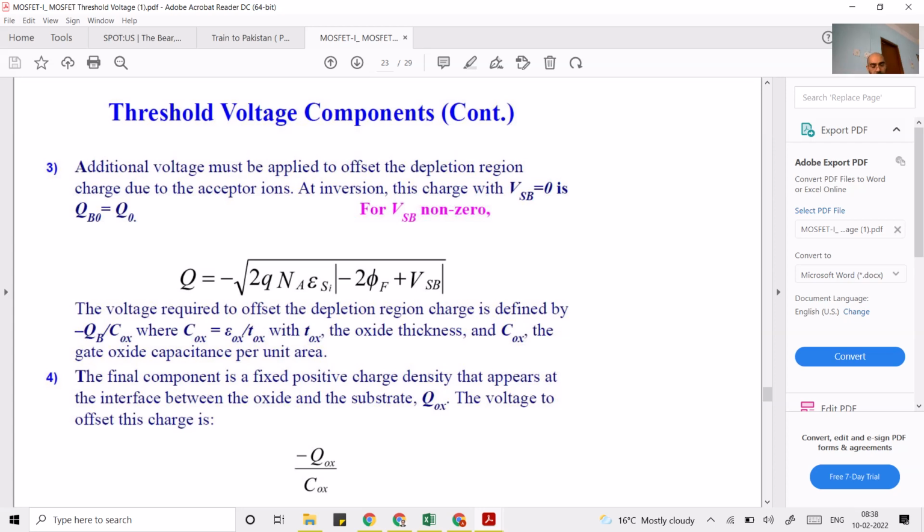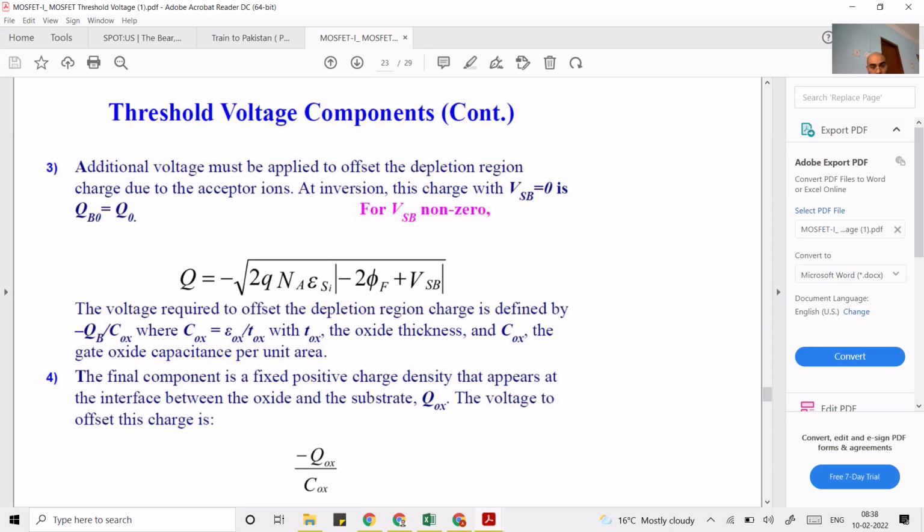The fourth component we have not seen yet. Whenever you grow an oxide over the substrate, there will be some trapped charges, some fixed positive charges in the oxide layer, and you have to compensate for that as well, because you have to form an inversion layer.